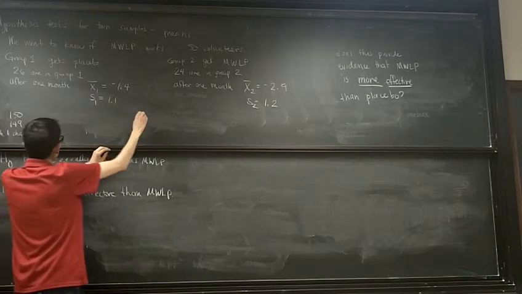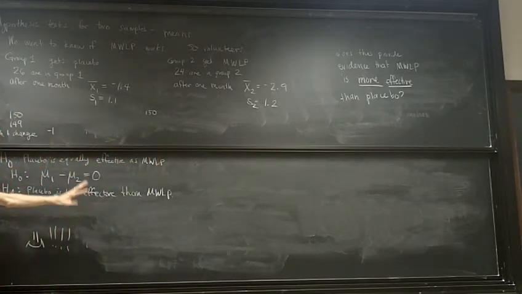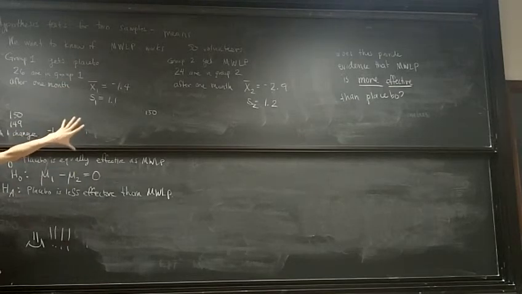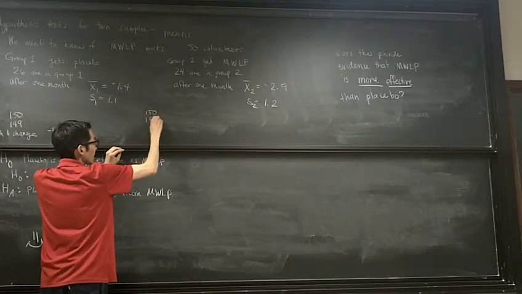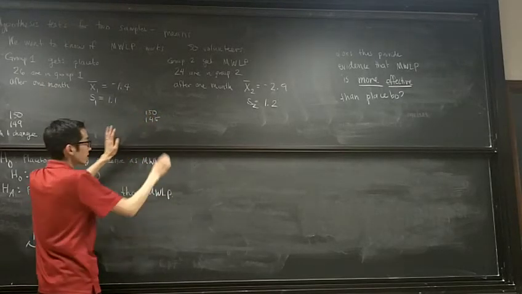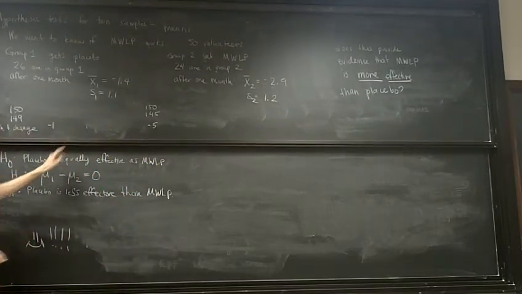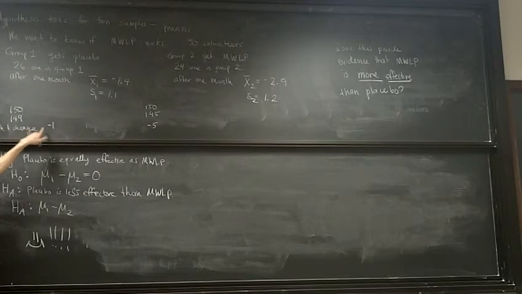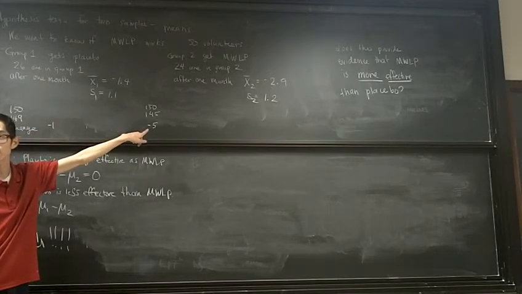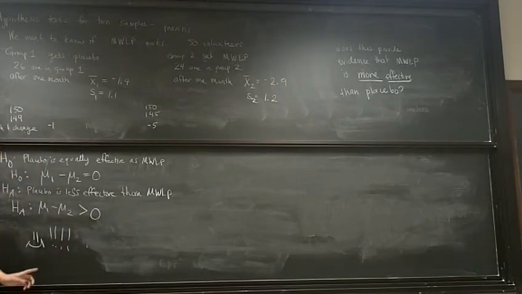With the weight loss pill, let's say it was 150, and just give it the benefit of the doubt, because this is the alternative that we want to see, they lost 5 pounds, 145. So their weight change is -5. So if I do mu1 minus mu2, I would do -1 minus a -5. This would be greater than 0.